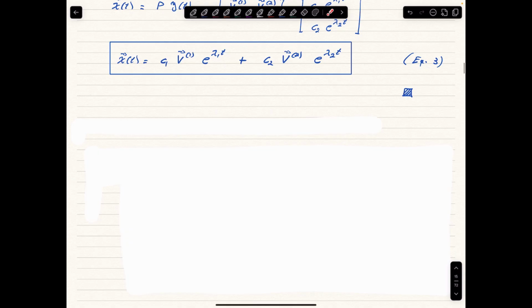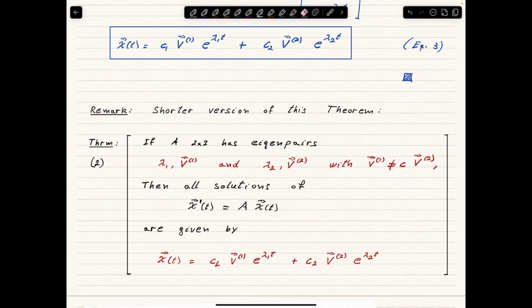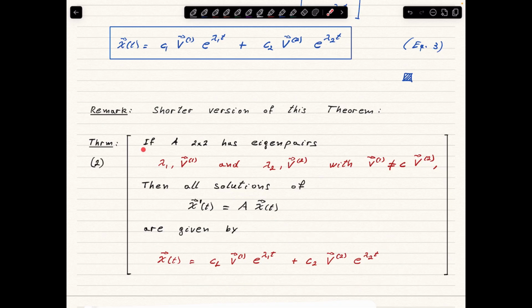What you may find in many textbooks on differential equations is this result here, that essentially relates the eigenvalues and eigenvectors of the coefficient matrix with the solution of the equation directly.